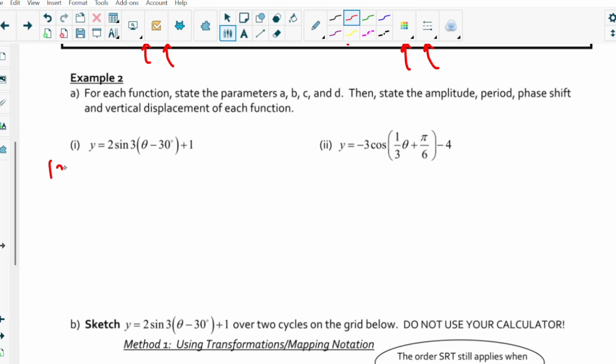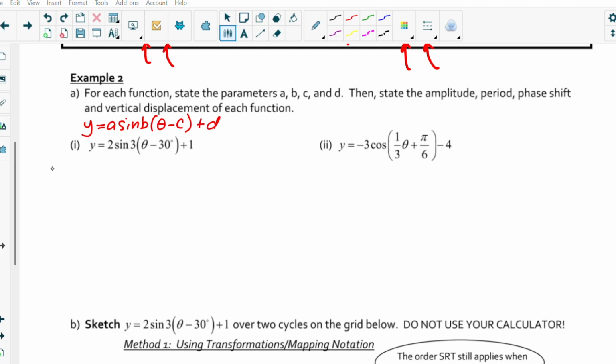Well, the absolute value of a equals 2. Hey, I should start with this, folks. Remember, I'm always big on stacking these equations, so y equals a sine of b theta minus c plus d.